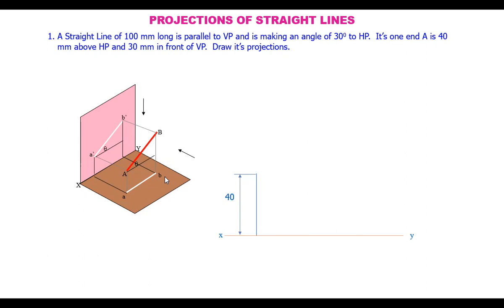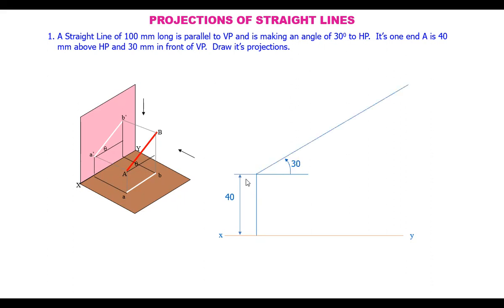We draw a line here, 40 mm. One end is 40 mm above HP, so we have marked the distance 40 mm above the reference line, and 30 mm in front of VP.